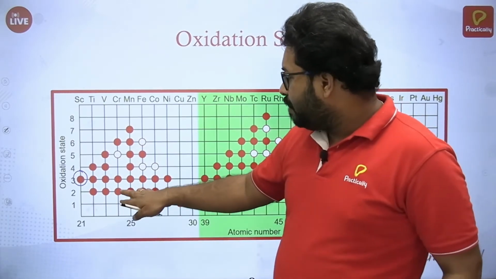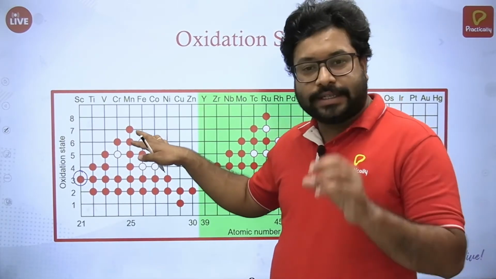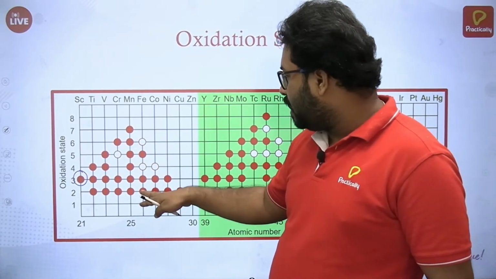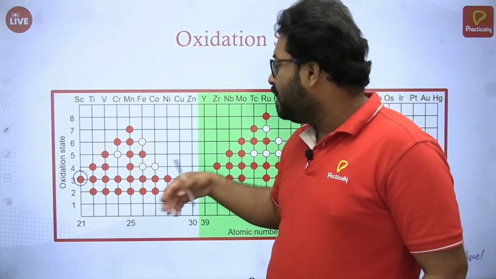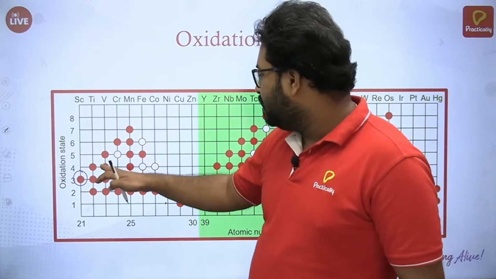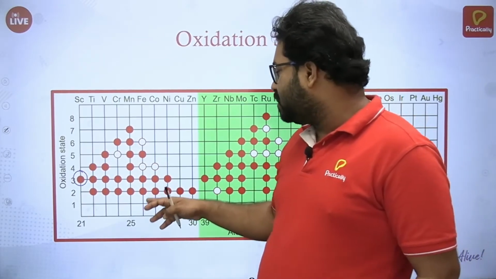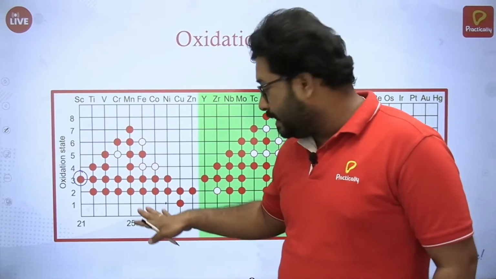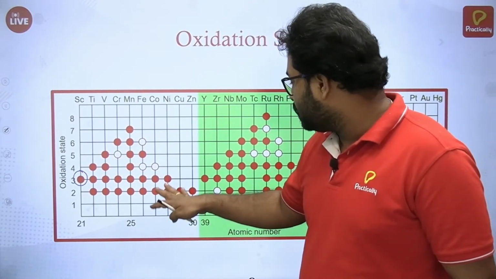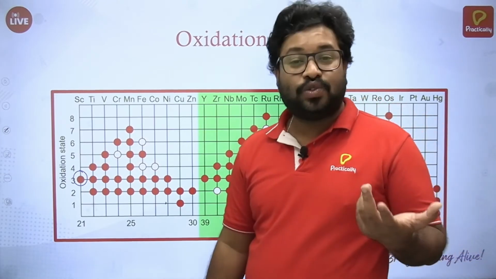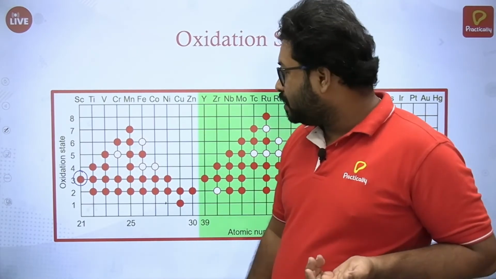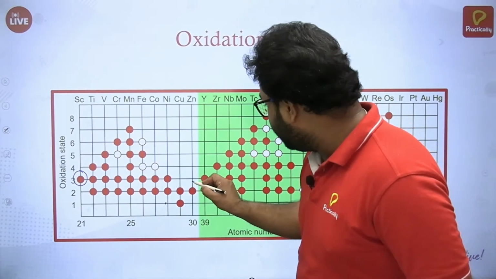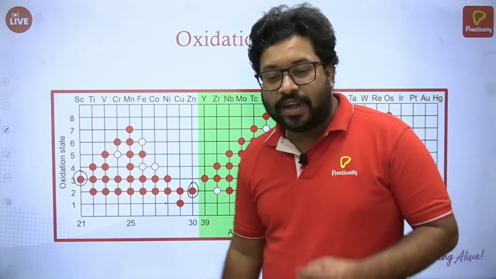After showing the highest number of oxidation states in manganese, iron shows fewer. Then in cobalt it decreases again, in nickel it decreases, and in copper and zinc, the last, only one. So the number of oxidation states started from 1 in scandium and finished on 1 in zinc.